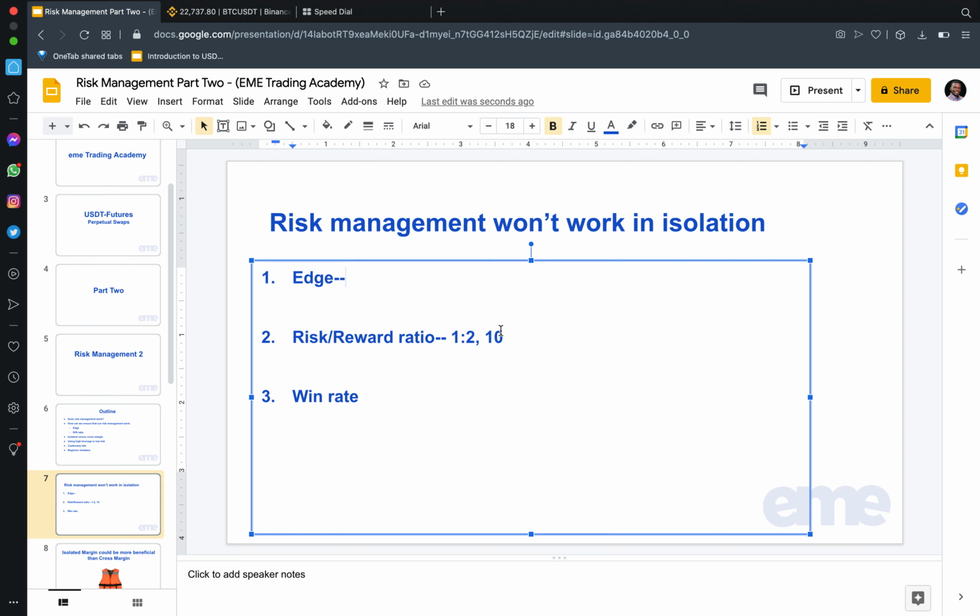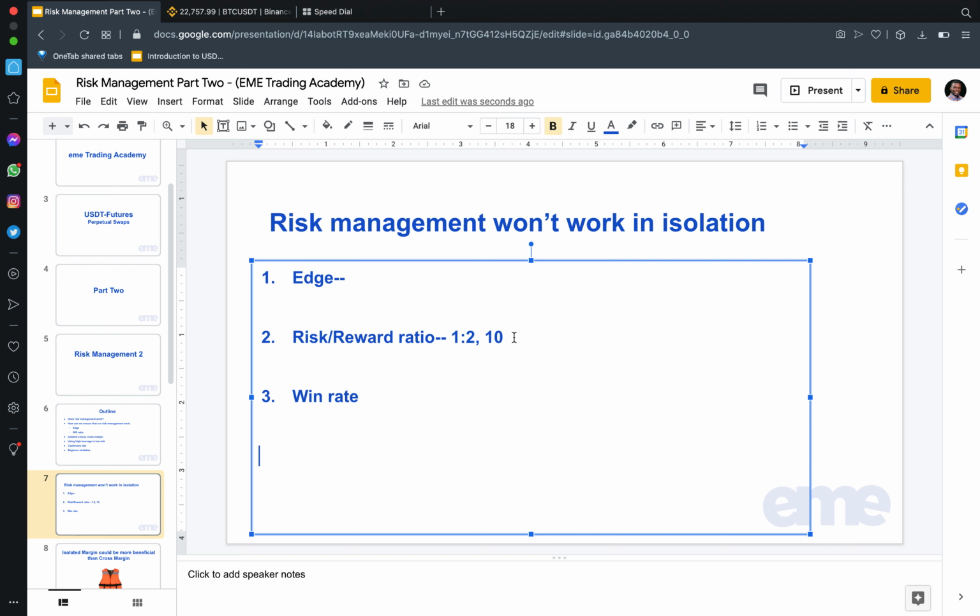All right, let's do an example. Let's say for instance you have a trading edge that gives you an 80% win rate. That means for every 10 trades that you take, you have a greater probability of winning 8.